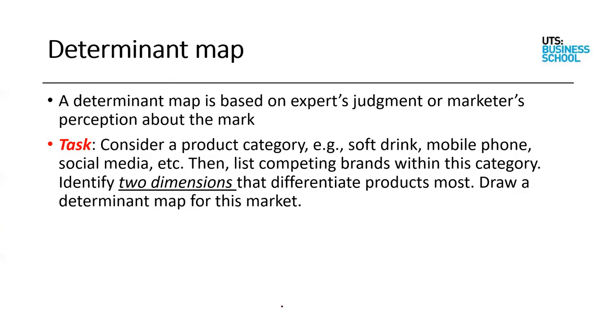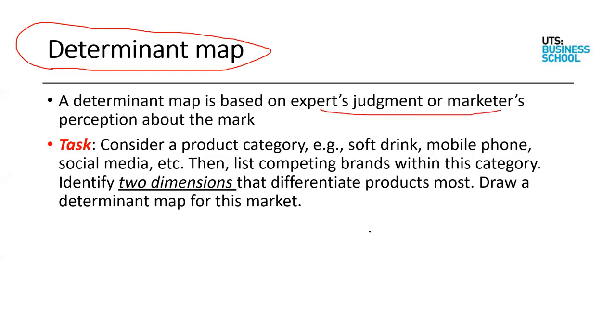So in other words, these perceptual maps are very useful to understand the behavior of the customers and scan the environment. So the first type of map is what we call the determinant map. Now, a determinant map is based on the expert's judgment. So as a marketer, if I take all the competitors in the market for cars and I plot them on the two most important dimensions that I'm considering in terms of creating a strategy, then that is called a determinant map.